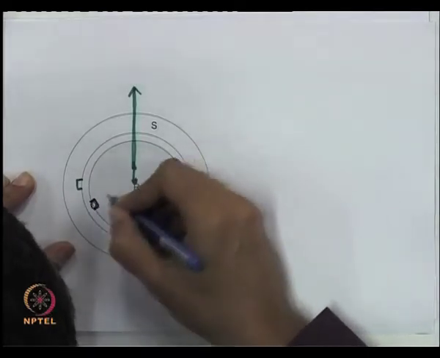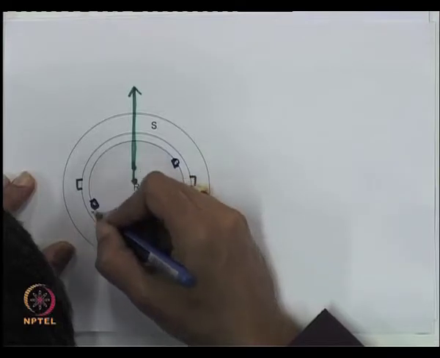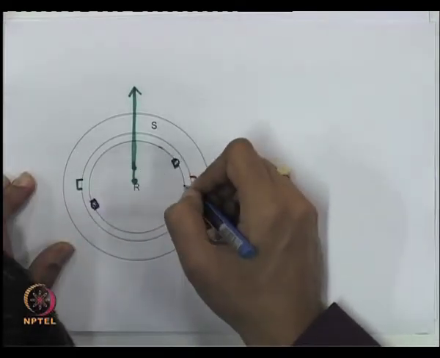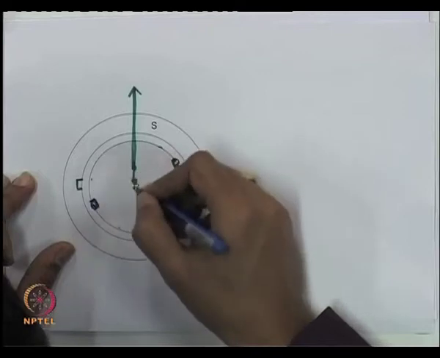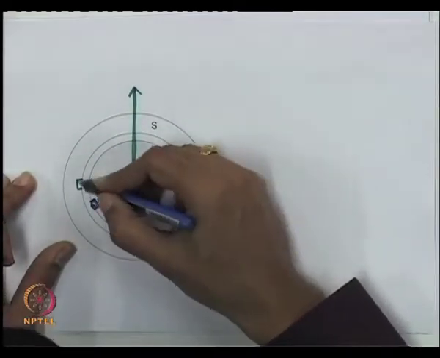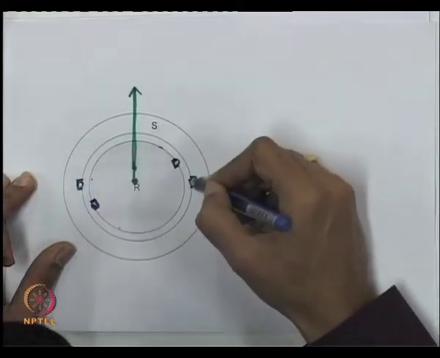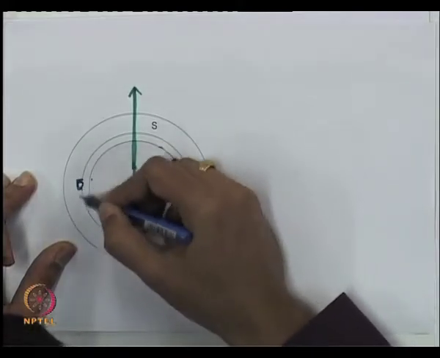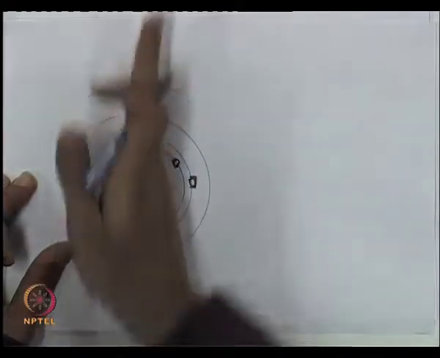I am showing it again as just one turn, but normally it is wound over the periphery and has an axis here. Similarly, the A winding, though I have shown it as just two conductors, is actually wound over the periphery of the machine and has its axis like this.